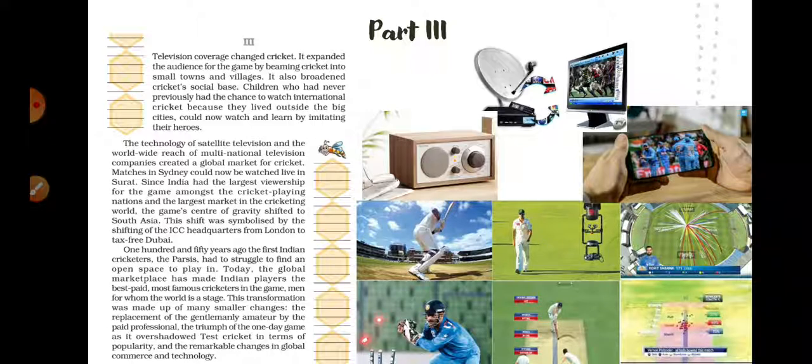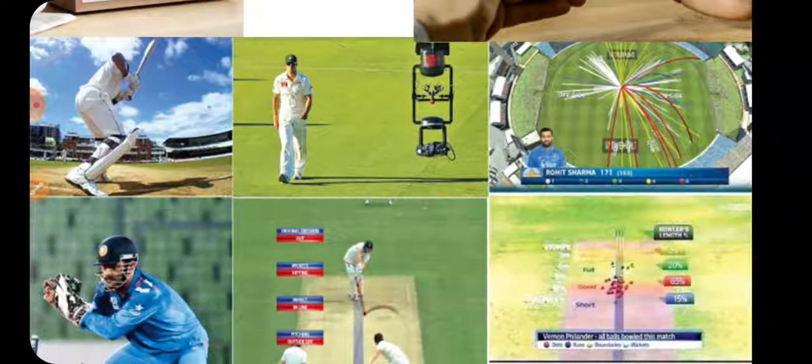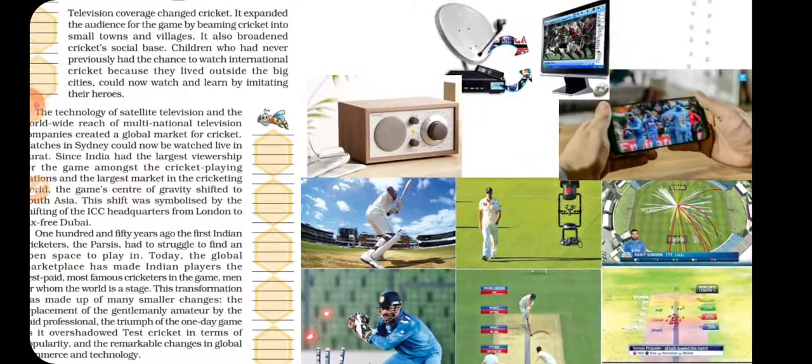In the picture below, you can see how technology allows us to watch cricket with all the minute detail. All the analysis comes in front of us when we watch cricket: where the ball could have gone, the pace, how the stumps fall when a cricketer gets out, the movement of the ball.